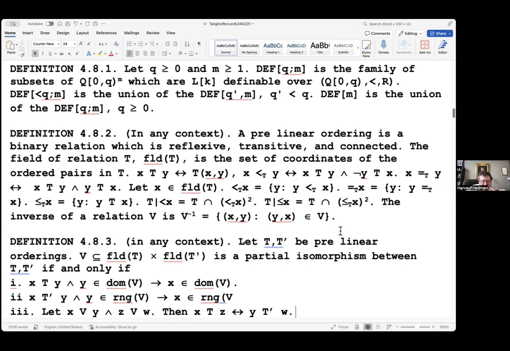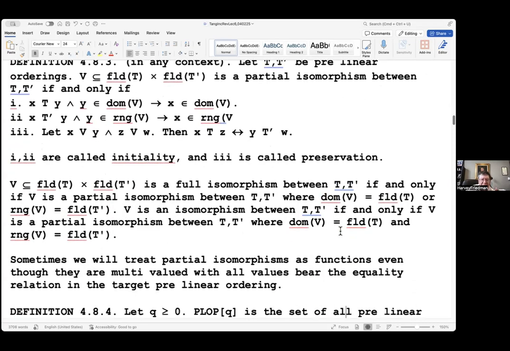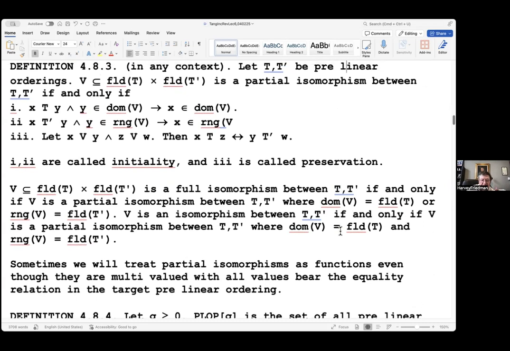And again, having nothing to do with reversal, some terminology. If I have two prelinear orderings, a relation between the first field and the second field is called a partial isomorphism if certain obvious things hold. The main point here is that it preserves the relation.